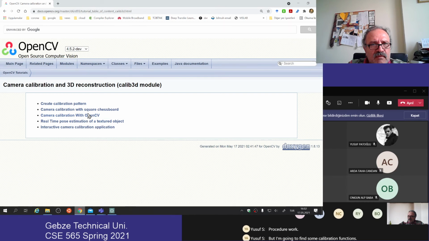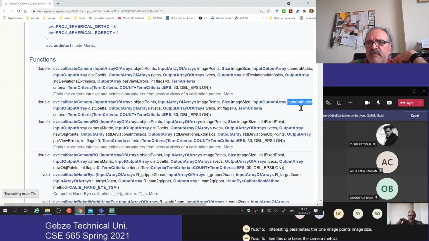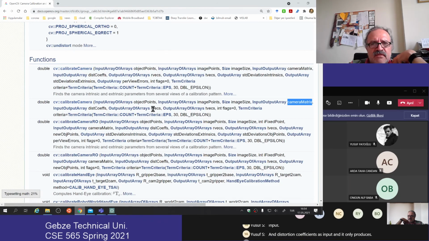See, this one takes the camera matrix as input and distortion coefficients as input, and it only produces translation vector and rotation vector. So that means that I already know the intrinsic parameters. All I need is the extrinsic parameters from you.